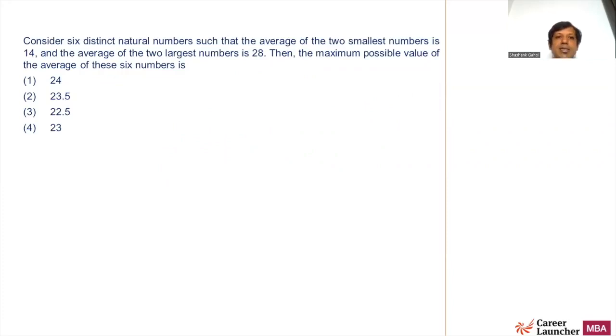Consider 6 distinct natural numbers such that average of the two smallest is 14 and average of two largest is 28. Okay. And question is saying what is the maximum possible value of the average? So I have A, B, C, D, E, F. I am just assuming that I am writing the numbers in the ascending order.